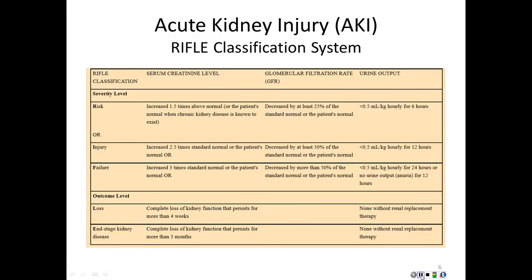Again, we talked about trending as an issue for these patients. If we see that and this patient then bumps up to a serum creatinine 2.5 times their normal, followed by a decrease in their GFR to 50%, and then that 0.5 milliliter per kilogram per hour urine output for 12 hours, this patient is at greater risk.